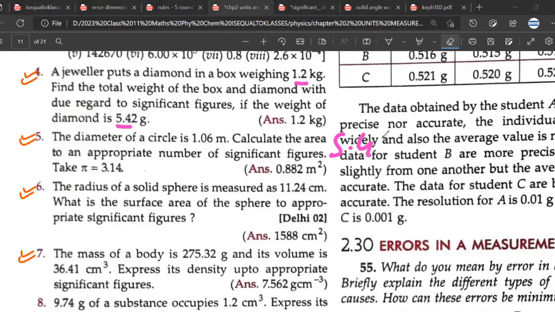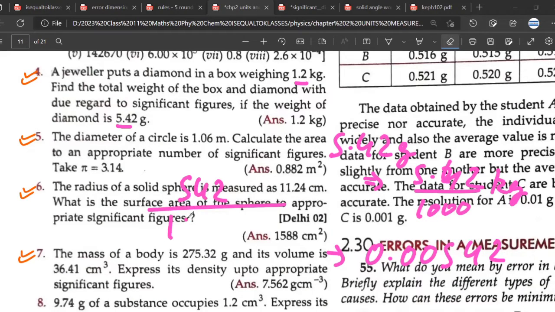Now, if I convert this 5.42 grams into kgs, because I can only add kgs to kgs, this would be 0.00542. Am I correct or not? 1, 2, 3, 4, 5. So 3, 4, 5. Yeah, I think I'm correct. So this is the weight of the diamond in kg.